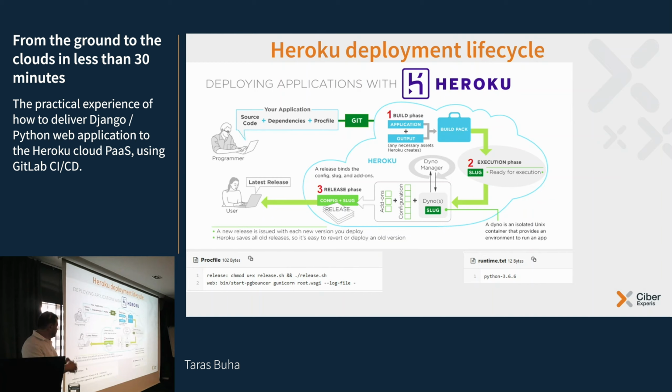It's just a command to run a Python application using Gunicorn with some configuration. And the runtime is also an important thing. So probably these two files are the most important for a Heroku-based web application.